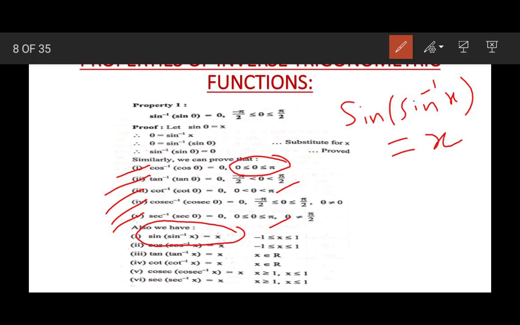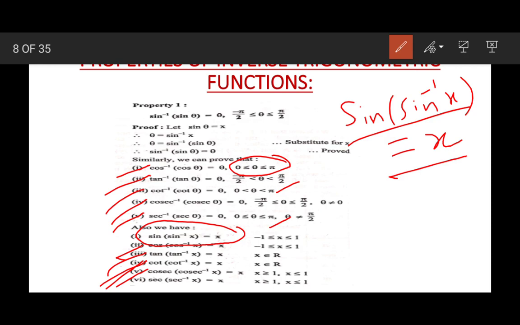Sin inverse of sin x equals x, cos inverse of cos x equals x, tan inverse of tan x equals x, cot inverse of cot x equals x, cosec inverse of cosec x equals x, and sec inverse of sec x equals x.